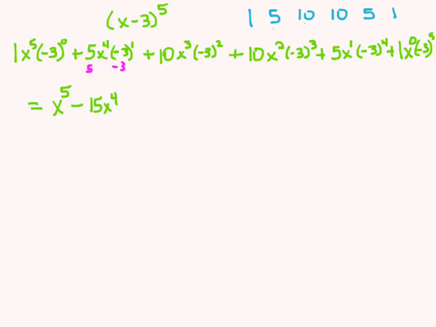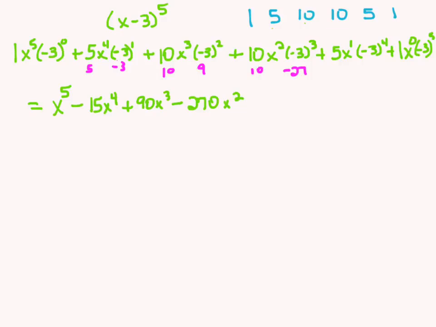Next term, negative 3 squared is 9 times the 10. So plus 90 x, whoops, I wrote 10, plus 90 x cubed. Let's see, next up, negative 3 cubed is negative 27 times the 10 would be negative 270 x squared.